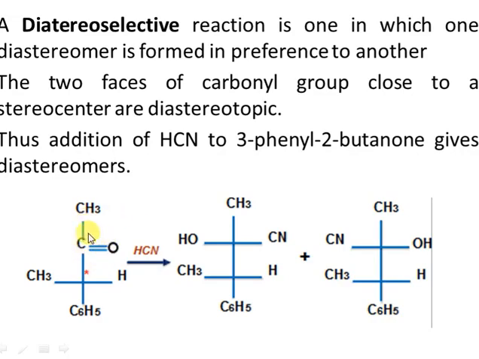So this carbonyl group is diastereotopic. That's the prochiral center, because it will result in the formation of another center, and since this carbonyl will result in a diastereomer, it is considered diastereotopic, and the reaction is a diastereoselective reaction, because of the two diastereomers formed in the reaction, one of the diastereomers is forming in excess.